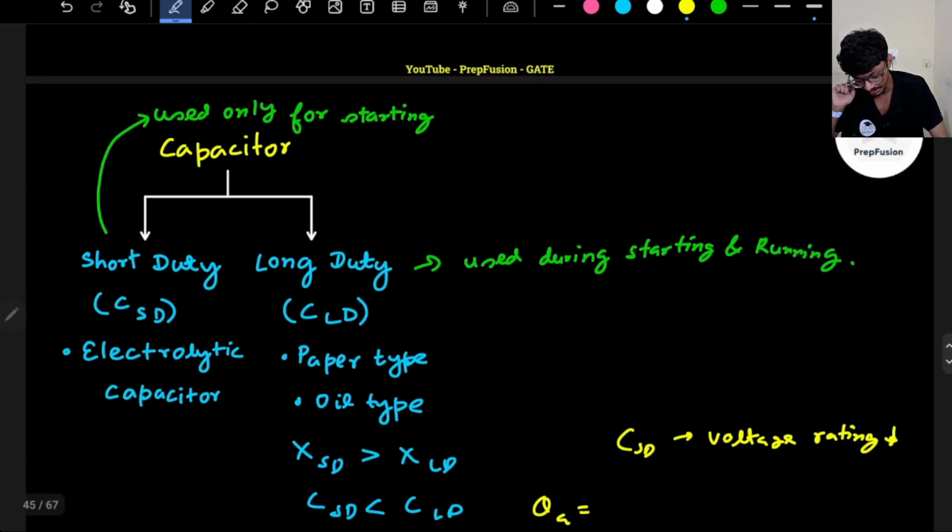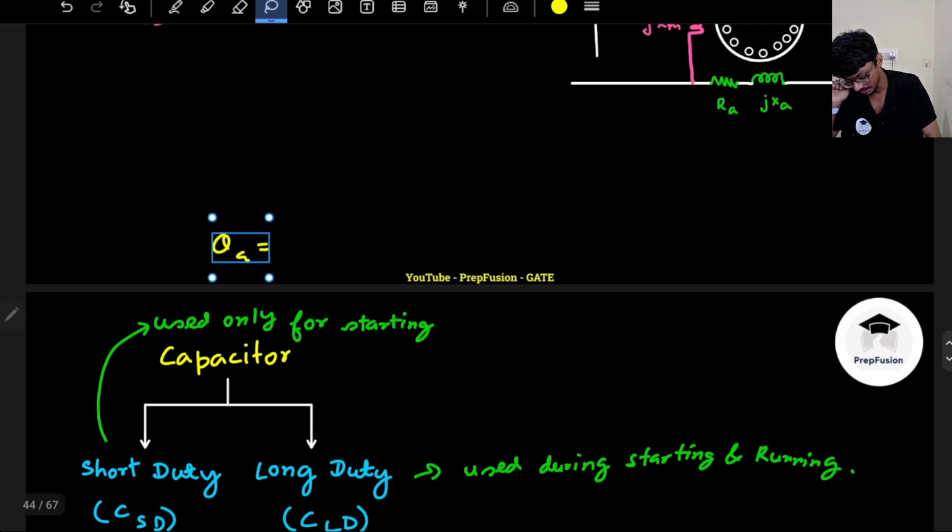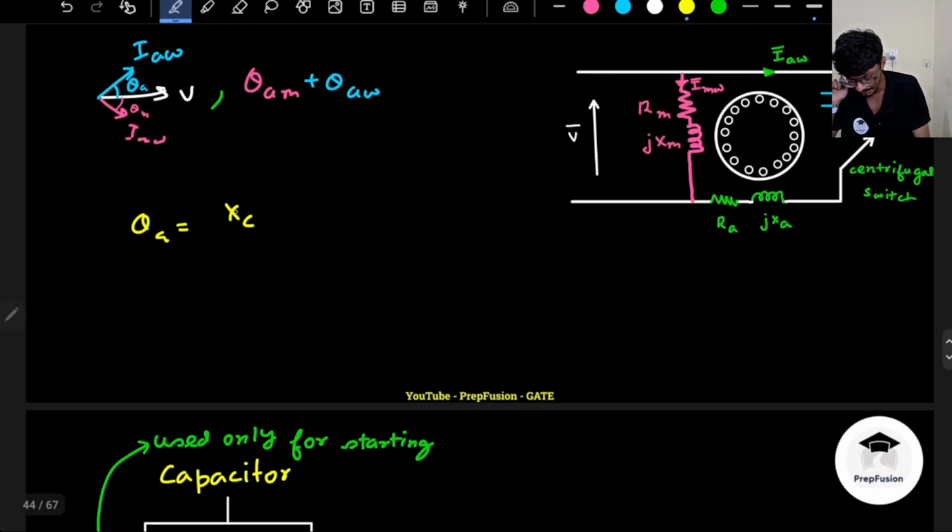If I write it down here, theta A will be tan inverse of XC minus XA, because XC is higher, divided by RA.